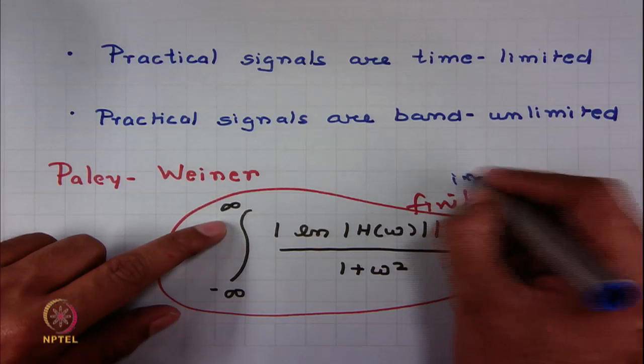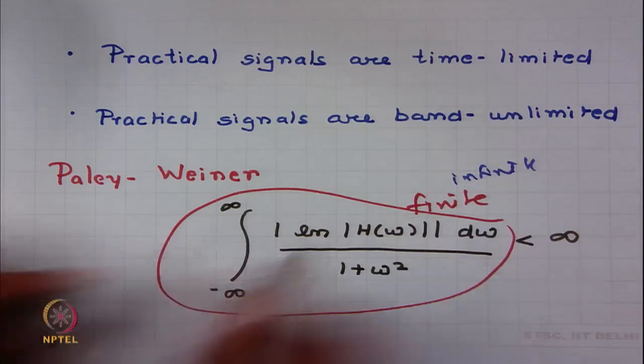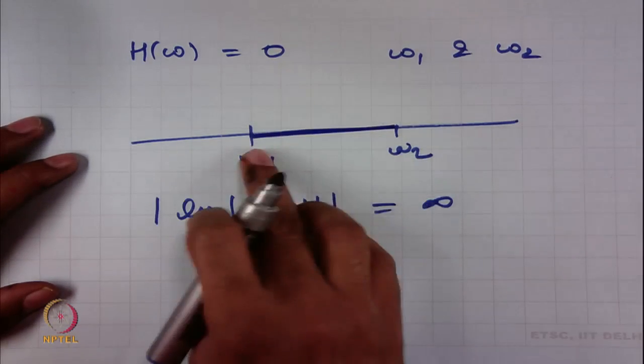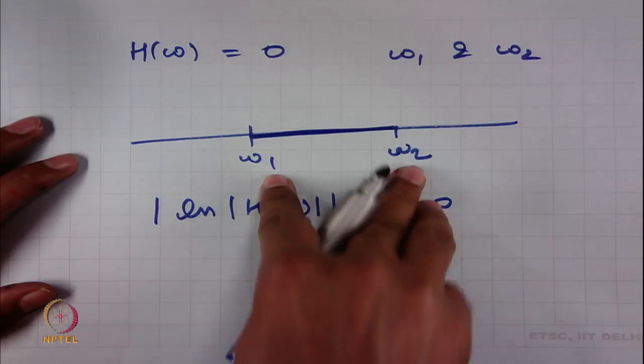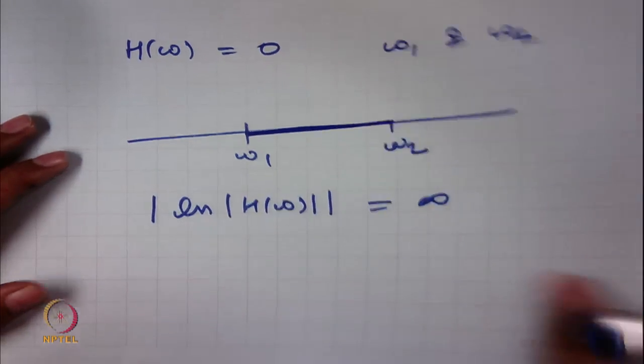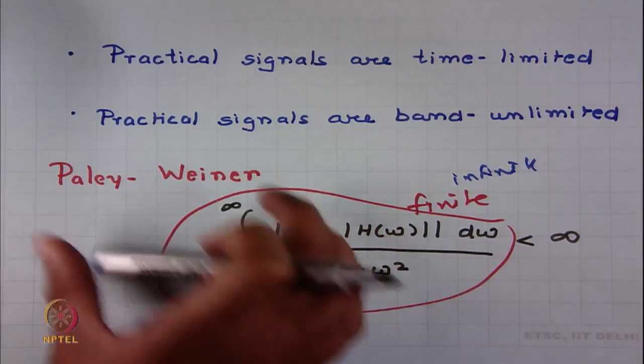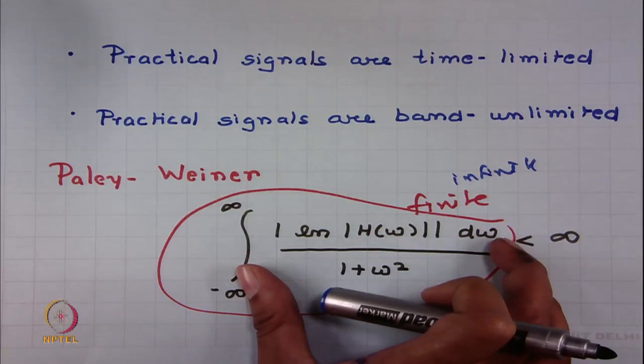Hence, what we are saying is, if H(omega) is 0 for a continuous range of frequencies, this integration would become infinity and the Paley-Wiener condition would not hold.